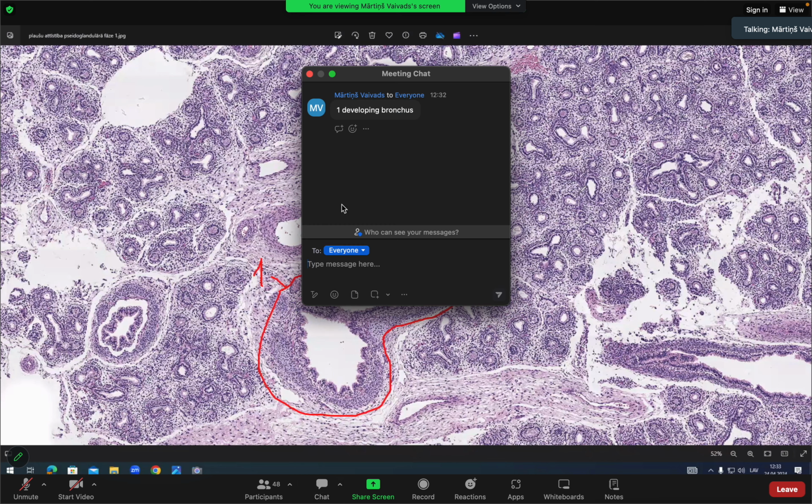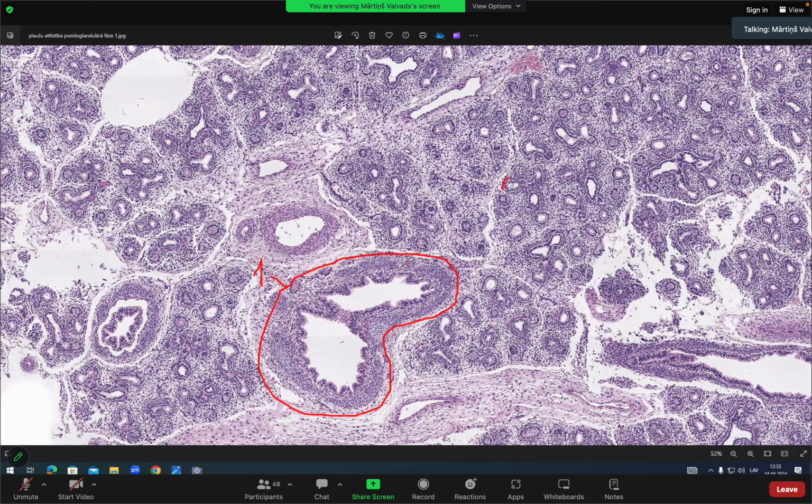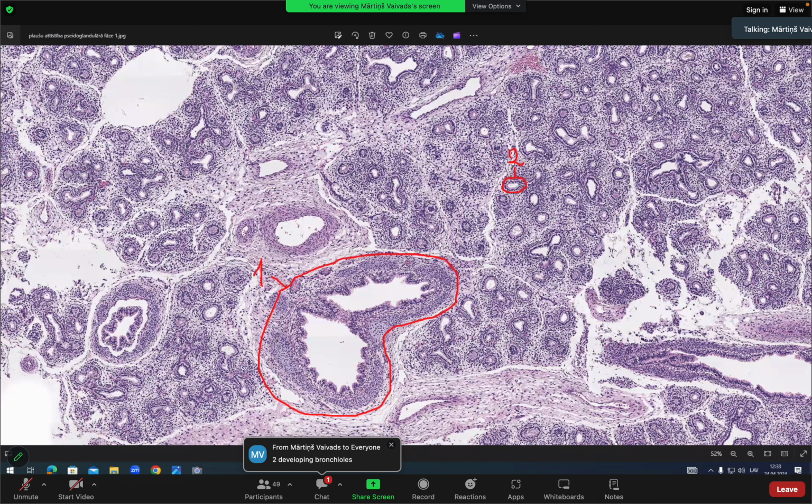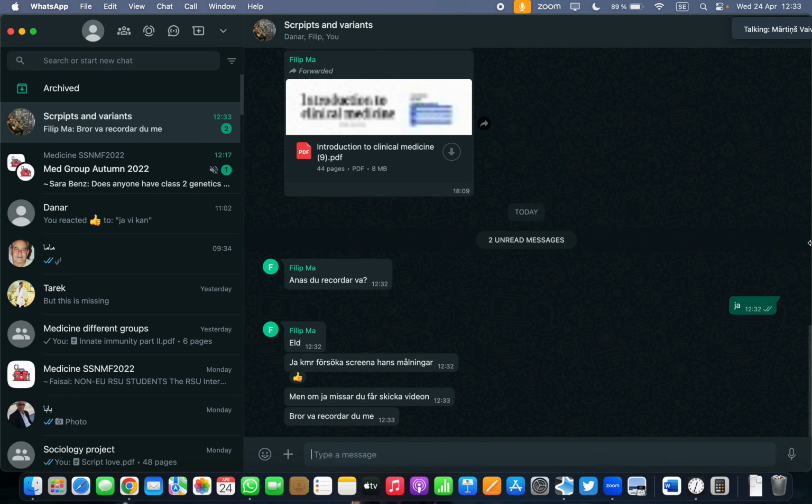You also see a lot of small openings. These small openings here with cuboidal or columnar epithelium, these are developing bronchioles. So number two, developing bronchioles.